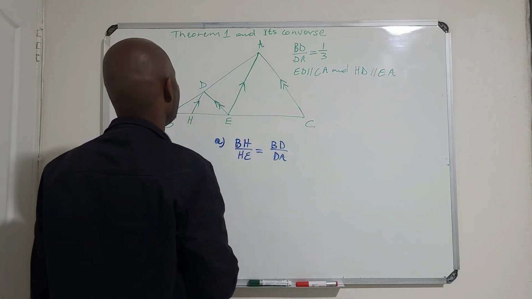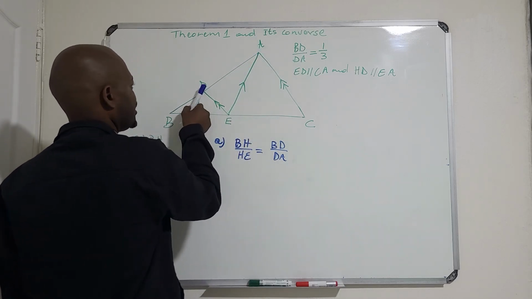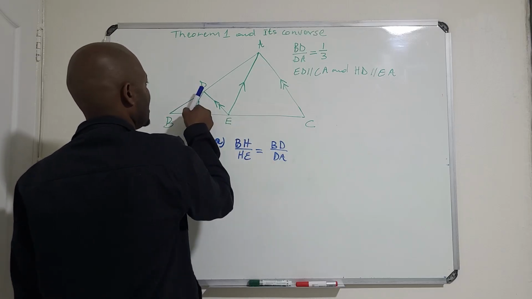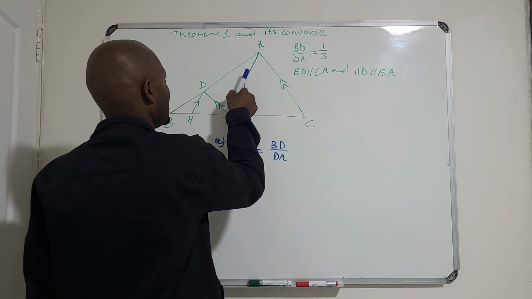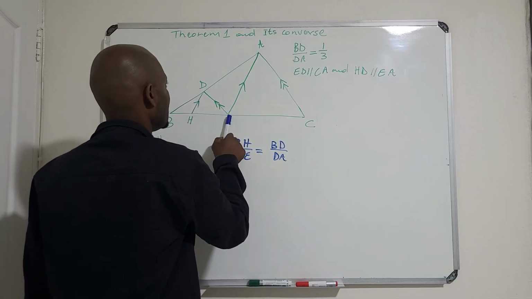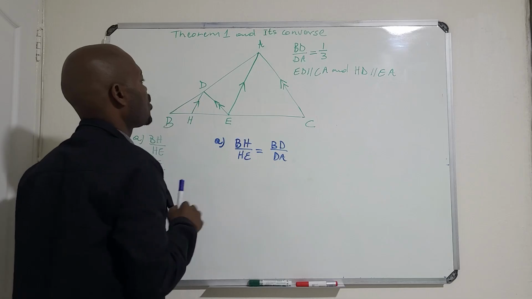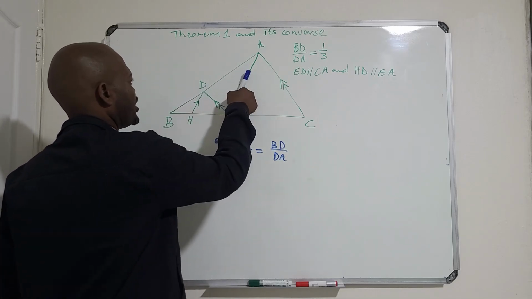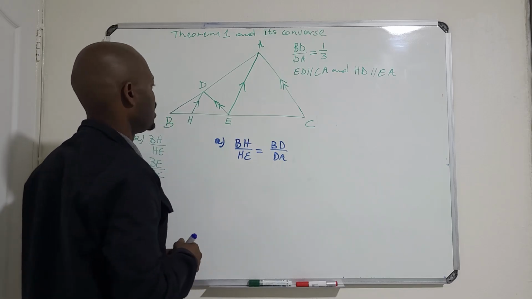Why is that? Because in triangle AEB, this side is parallel to this side. So HD is drawn parallel to one side. Therefore, it's going to divide the other two sides in the same ratio, since this side is parallel to the third side. Theorem number 1.